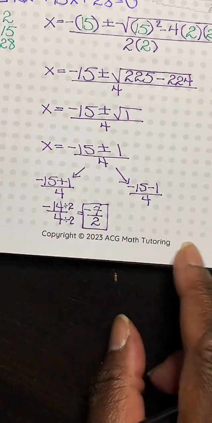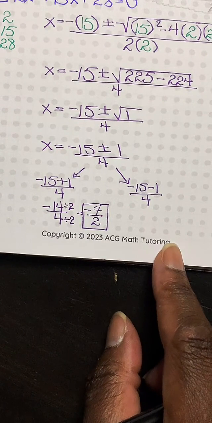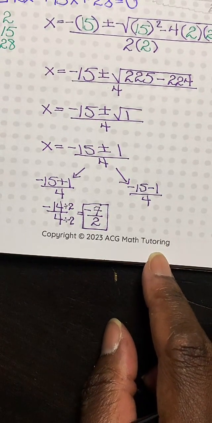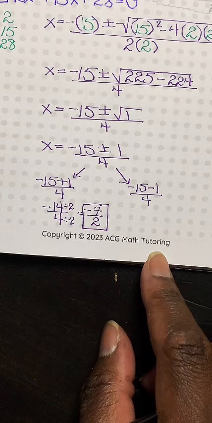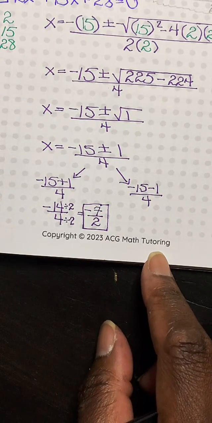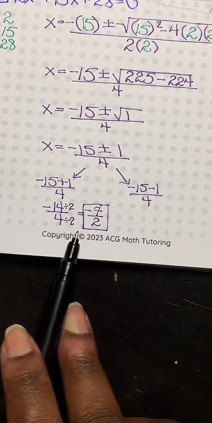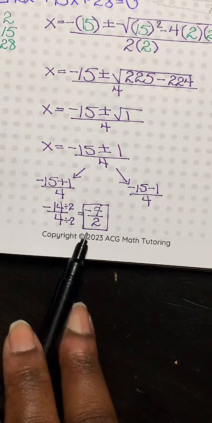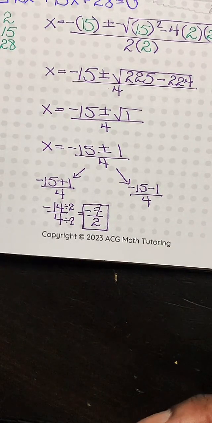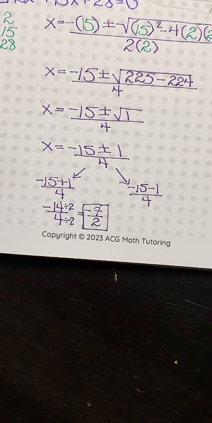If you're doing ACT, SAT, GED, Accuplacer, ASVAB, remember, a lot of those exams are multiple choice. So if you can get down one of the sides, you can look at your answer choices and do the process of elimination. Don't forget, that is a huge option.